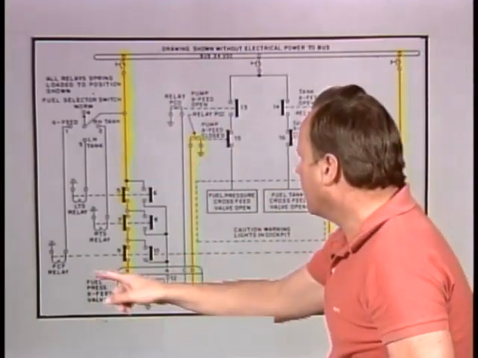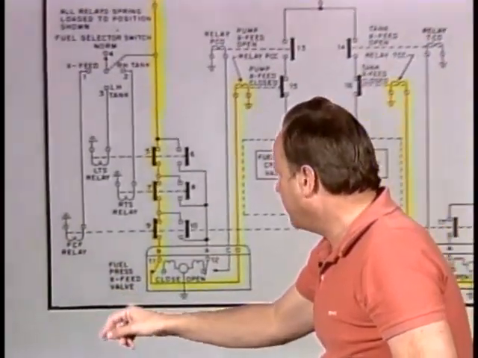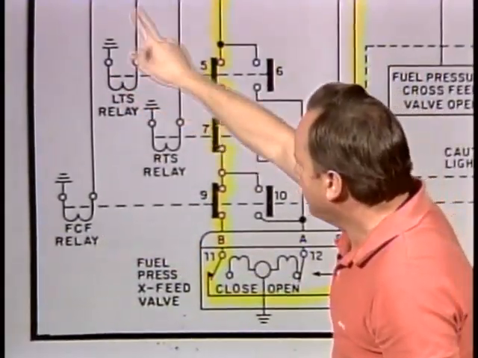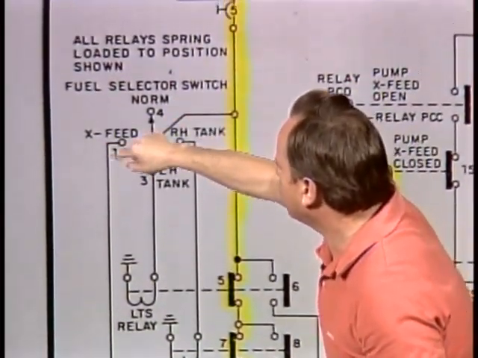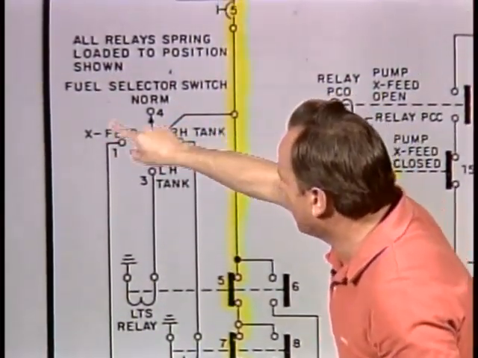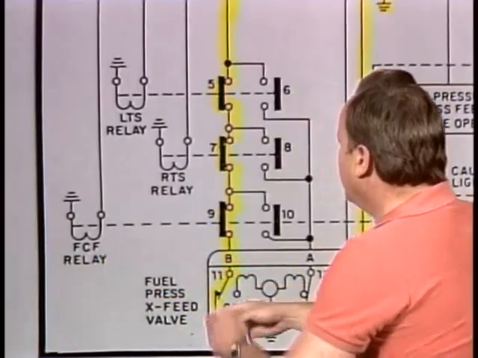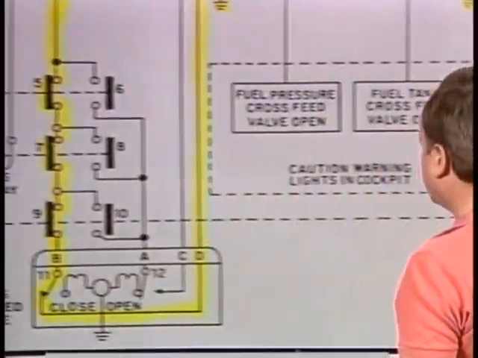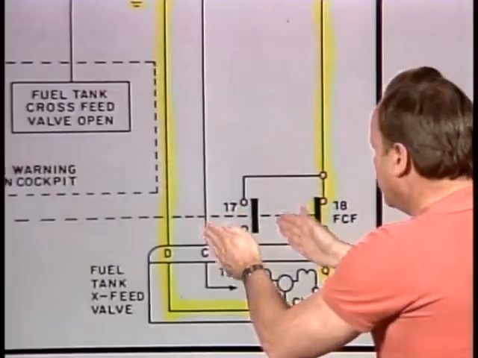Let's take a look over here on the left-hand side. We have the crossfeed relay right here, and this is the fuel crossfeed relay, and that only gets activated when the switch up here at the top is in the crossfeed position. If it's in a crossfeed position, then power comes over here. So you can see that this crossfeed relay, when it's on, would pull 9 and 10 over, and it would also activate the far right-hand side down here and pull 17 and 18 over.